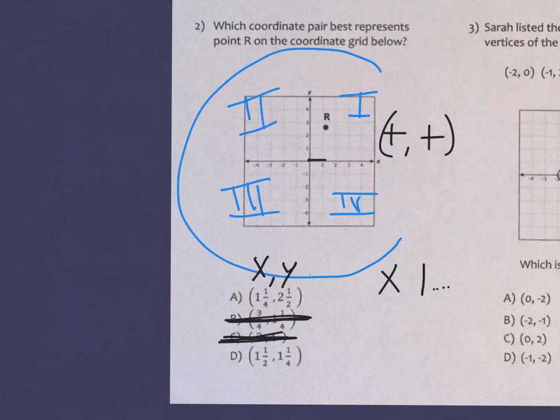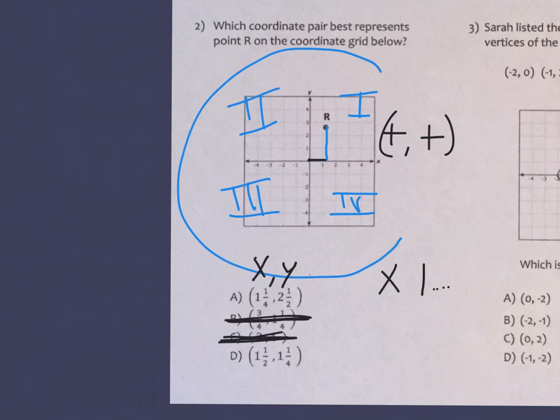Now let's take a look at the Y value. Now that we're here at just a little bit past 1, when we jump for the Y value, look how far we have to jump. 1, 2, almost 3, but not quite. So let's look at our choices.